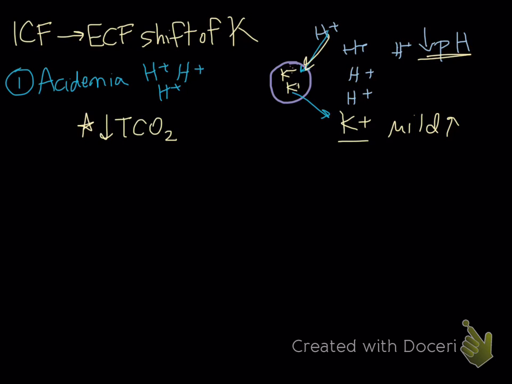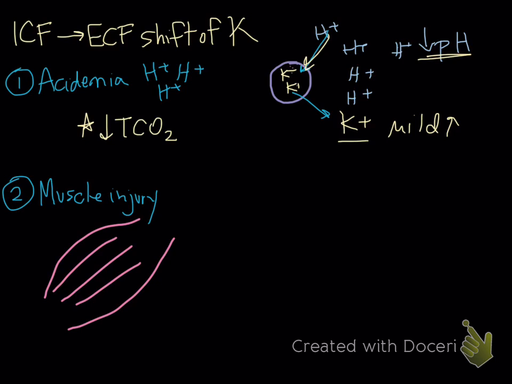So the other cause is muscle injury, primary cause anyway. And of course, muscles have a lot of potassium in them, and there's a lot of muscle in some of our bodies, not all of us. So muscles, of course, are very rich in potassium, right? So there's lots of potassium. Oh, I shouldn't change the color of my potassium. There we go.